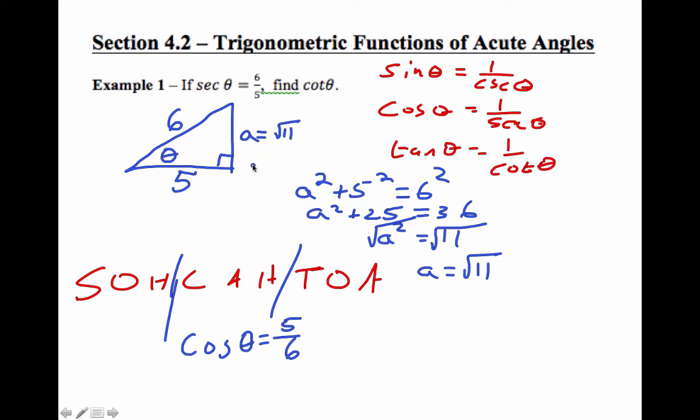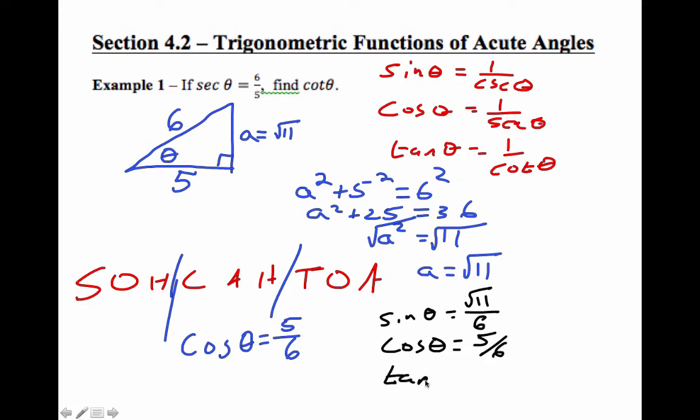Now I could find anything and everything that I so chose. I could find that the sine of the angle is going to be opposite over hypotenuse, and the cosine, we already did the cosine. But if they ask you to find them all, then we should do it.